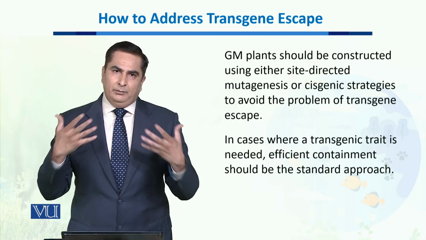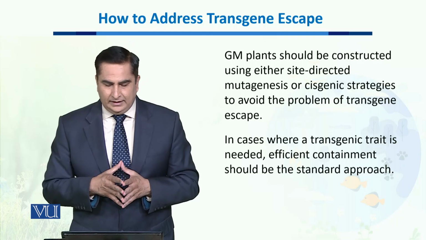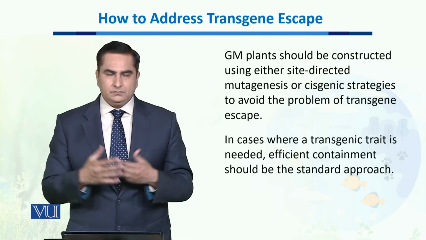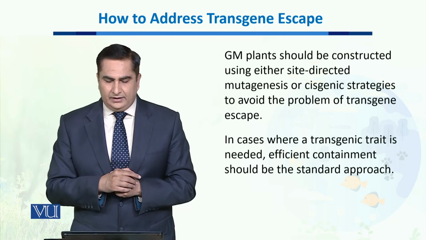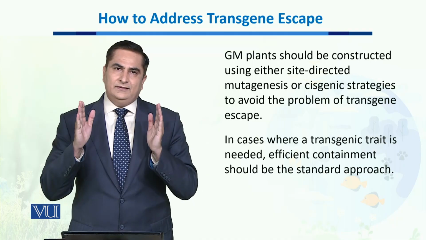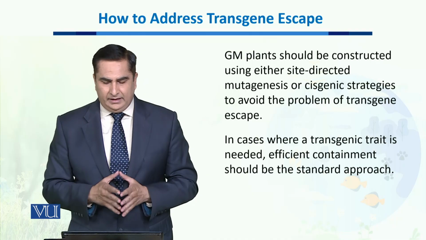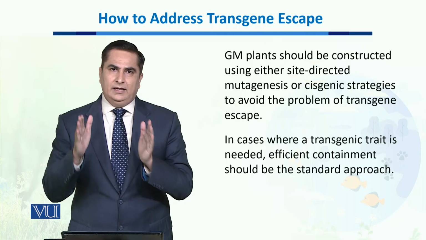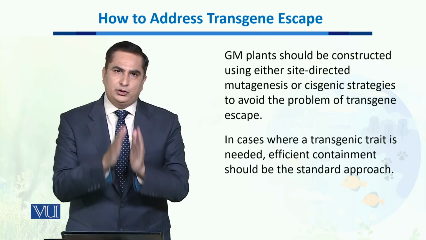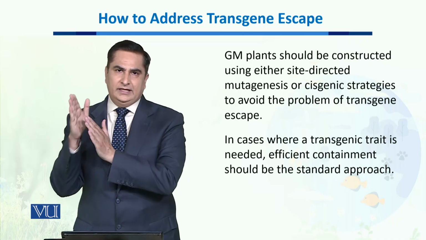And by doing these things, this transgene escape can be avoided. Now, in certain cases where a transgenic trait is needed, there should be efficient containment using standard approaches. They should be applied to ensure that there is no transgene escape.